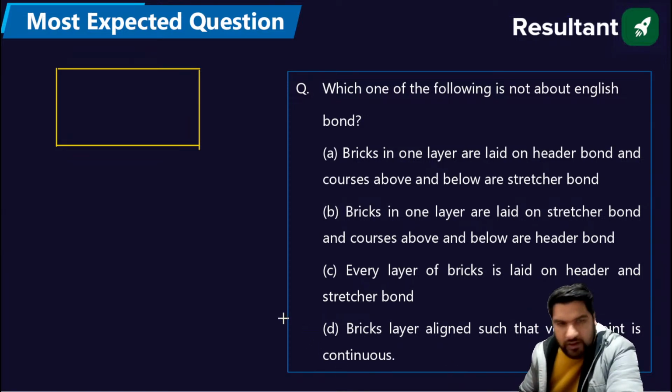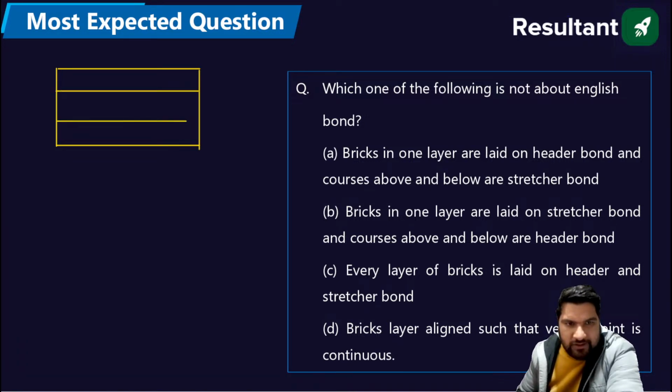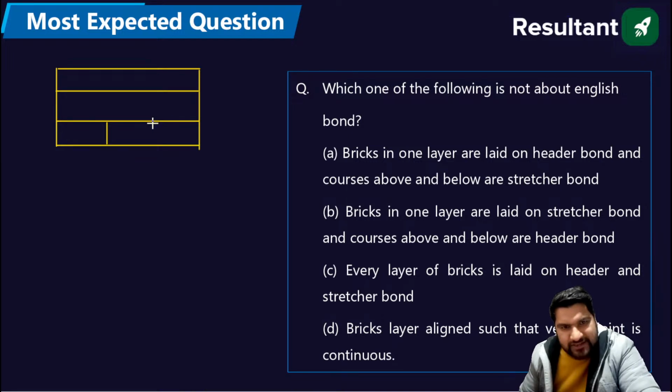So I'll write down the English bond. The bottom layer is stretcher, and the top layer is stretcher, and the middle layer will be the header.